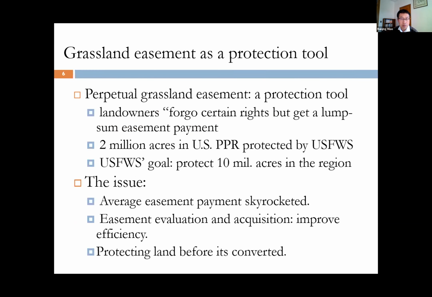So the issue is, because the crop price, the commodity price increased, and the land value increased, the average easement payment increased a lot in the past 2 decades. And so that requires more careful evaluation about easement evaluation and acquisition to improve the acquisition efficiency, to get more land protected under the limited amount of budget.